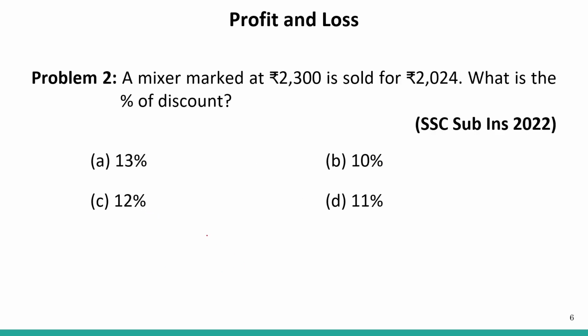So let's see problem number 2. A mixer marked at 2300 is sold for 2024 rupees. What is the percentage discount on it? The discount percentage is equal to discount amount divided by the cost price, into 100.